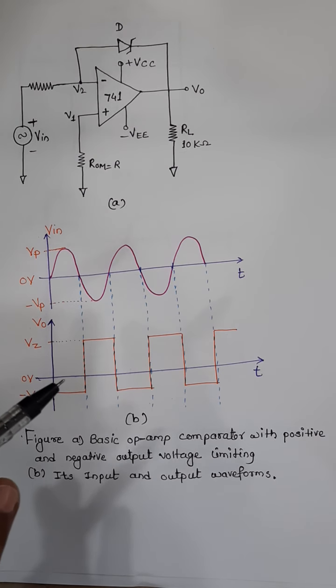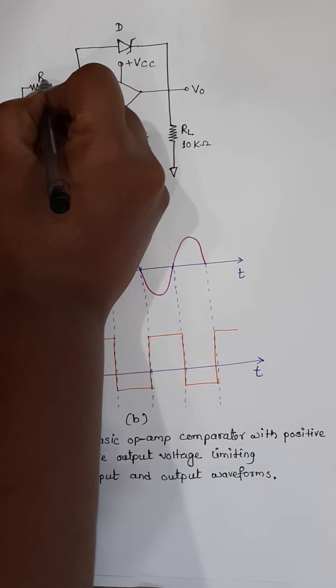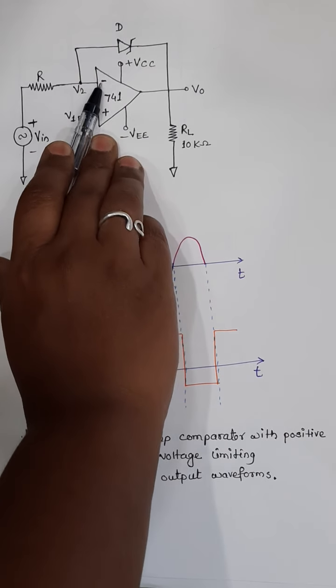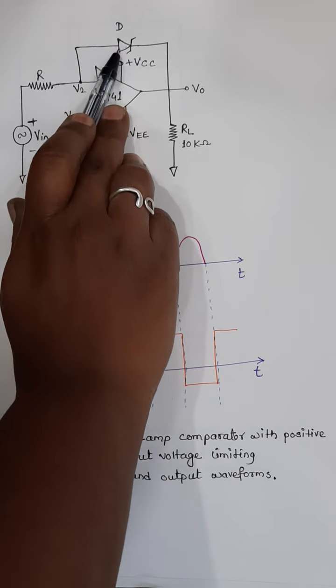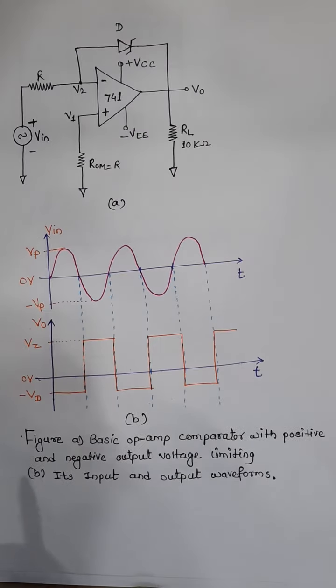All the other arrangements and components are similar to the previous two circuit diagrams. Simply, input is given through resistor R to the inverting input terminal, one Zener diode is connected in the feedback path, and now we want to observe how its output will be affected.